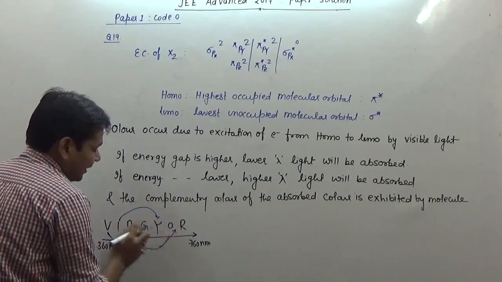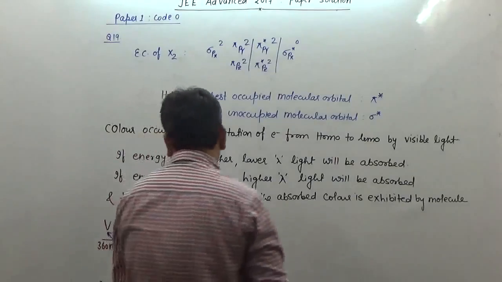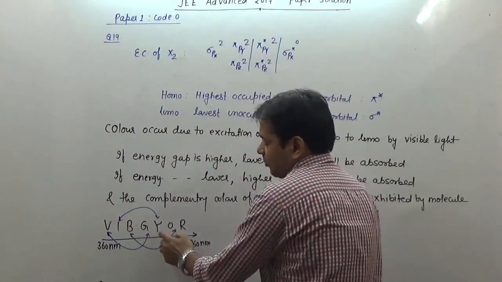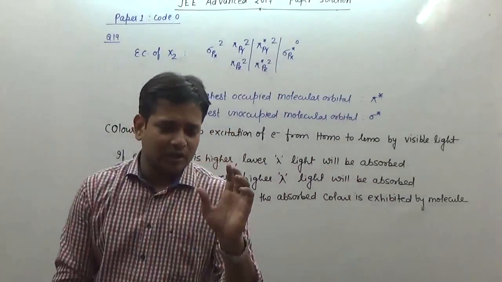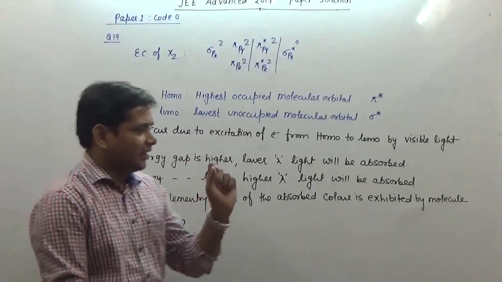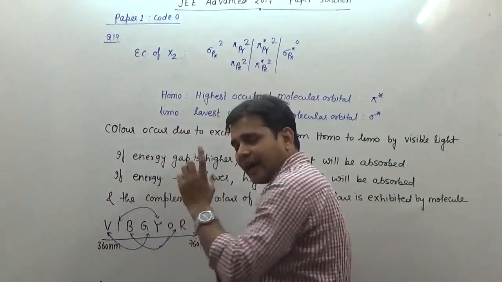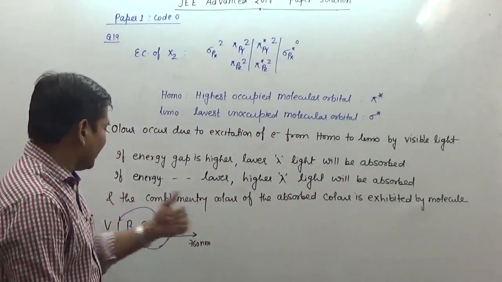So these are the complementary colors of each other. You can see that if any molecule absorbs orange, red, it will be blue. If any molecule absorbs yellow, then it will be violet indigo color. So you should approximately remember that there is a 2 gap among the 7 colors, approximately 2 gap between the complementary color and the color absorbed.